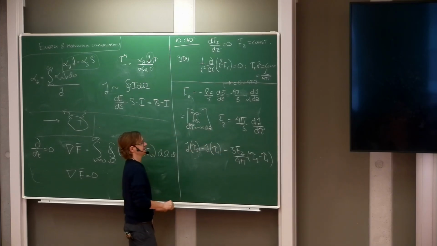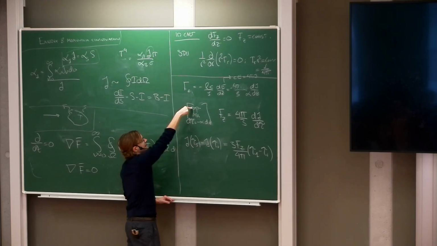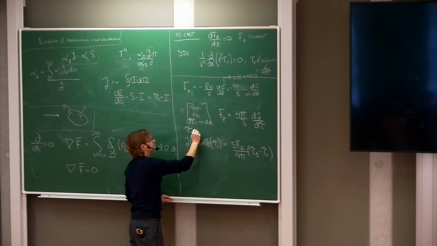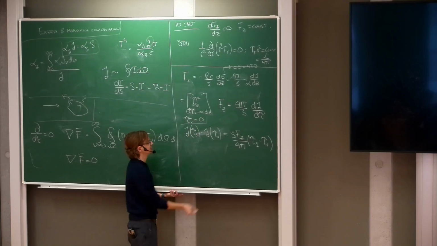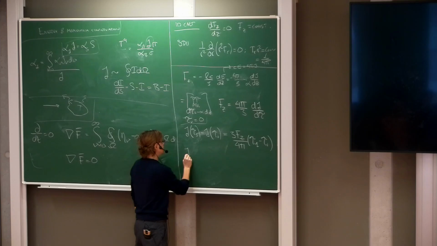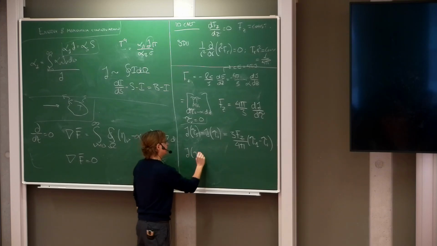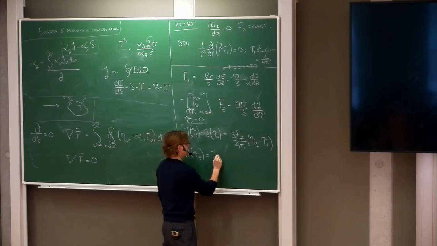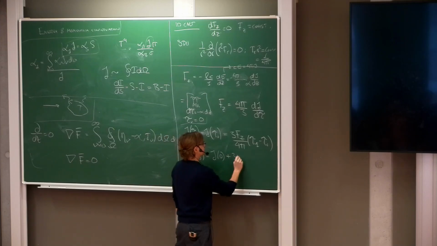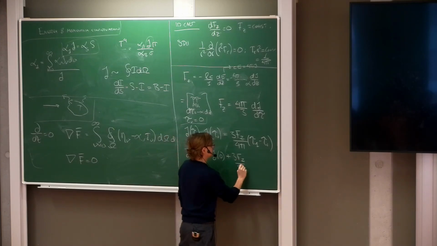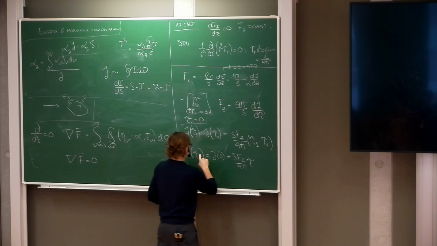Let's place tau 0 at the surface, where tau is 0. So then J of tau 1 equals J of 0, the surface value, plus 3 F_z divided by 4 pi tau.